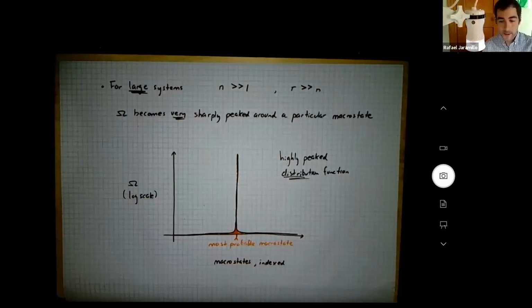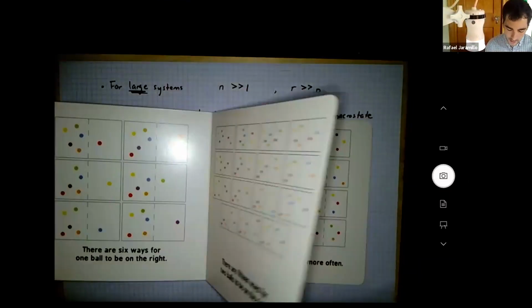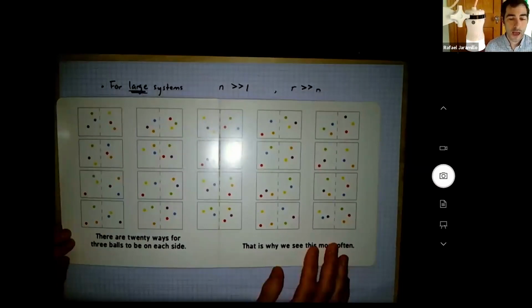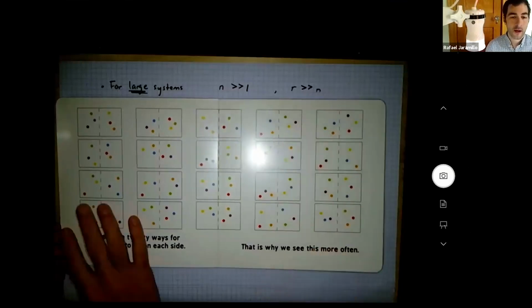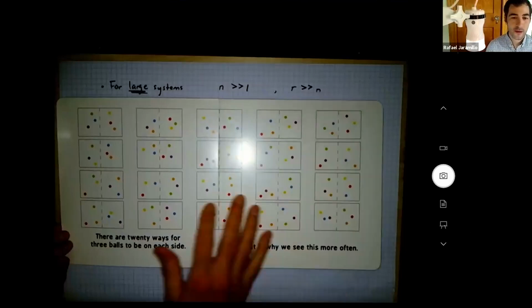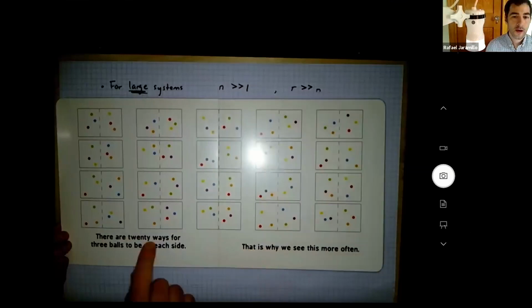So we saw that a little bit at the beginning of class when we looked at ways of distributing 6 balls in 2 halves of a container. And Fenny told us that the reason why this is the most common macrostate is because it has the most number of microstates.